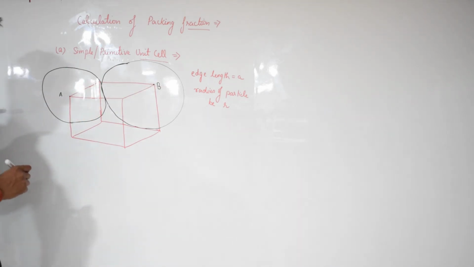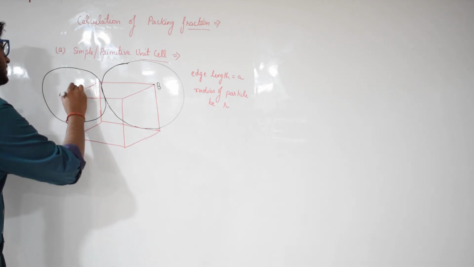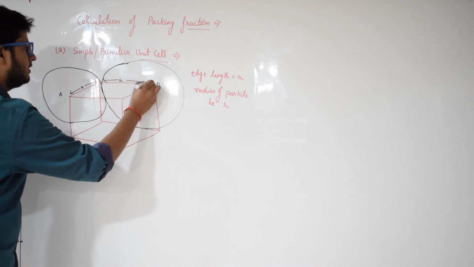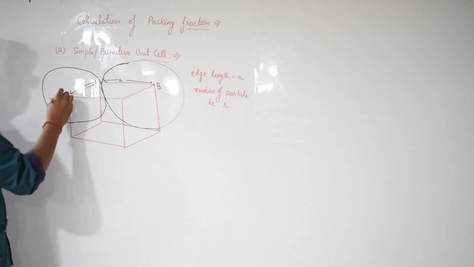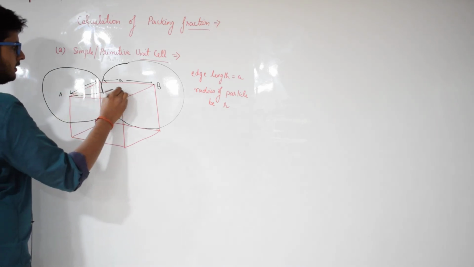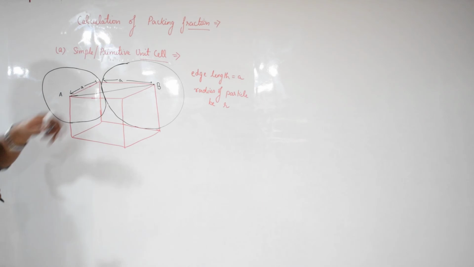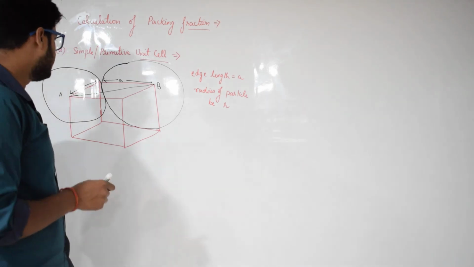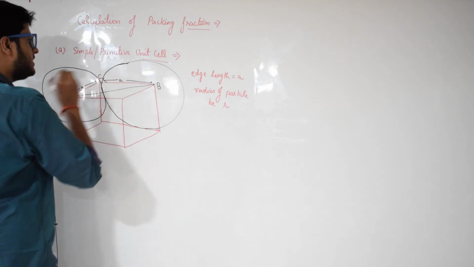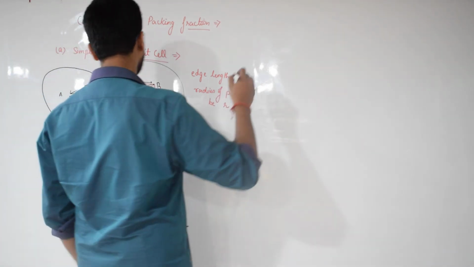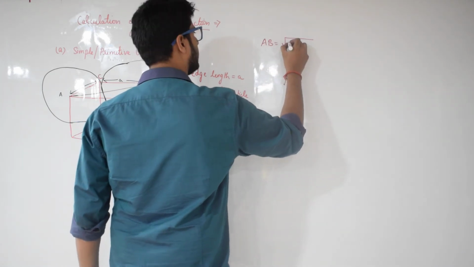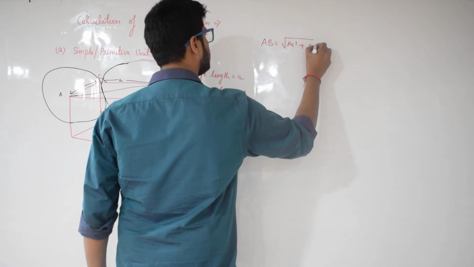Now, we know that this distance is A, this distance is also A, and we can calculate the distance from A to B. Let this point be C. So, the distance AB would be equal to the square root of AC square plus BC square.